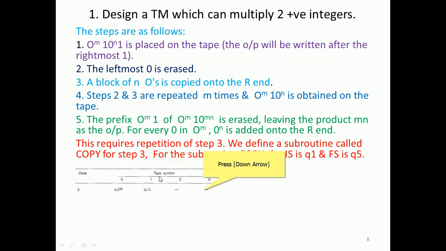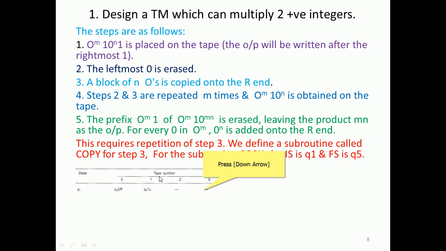The initial state is Q1. When the input is 0, it goes from Q1 to Q2, and 0 is replaced by 2 and the head moves right.